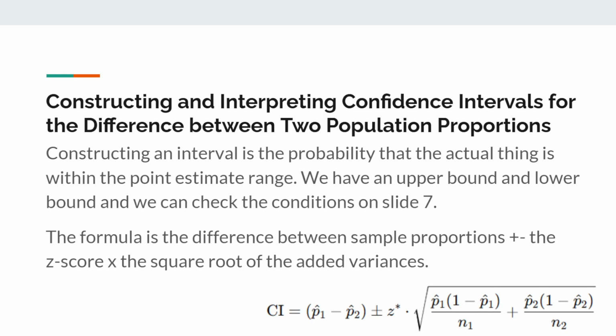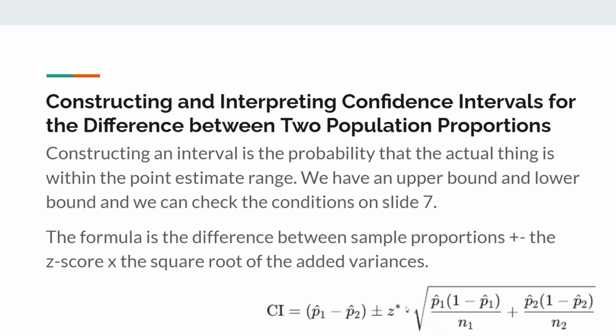So here's constructing and interpreting a confidence interval. Same thing, just P1 minus P2 is the difference, plus or minus the z-score, times this. Now, I'm not really sure how this works, actually. I'm not going to try to figure it out right now; I'll probably look it up later.